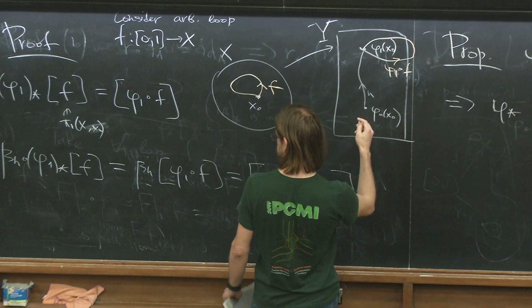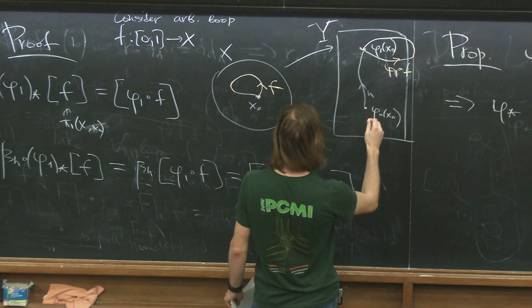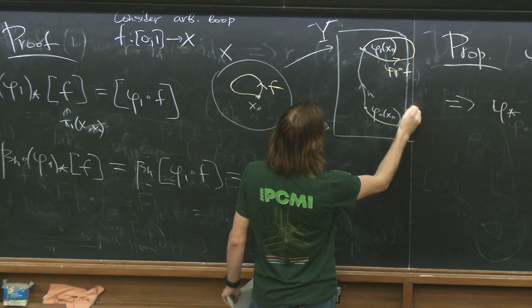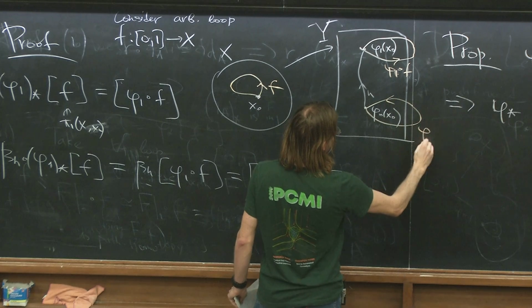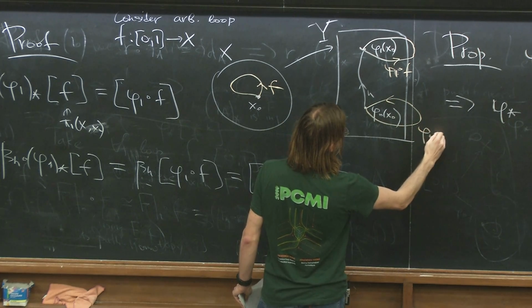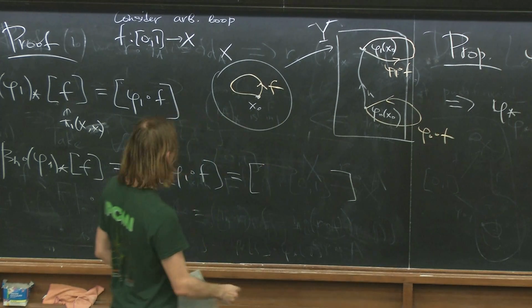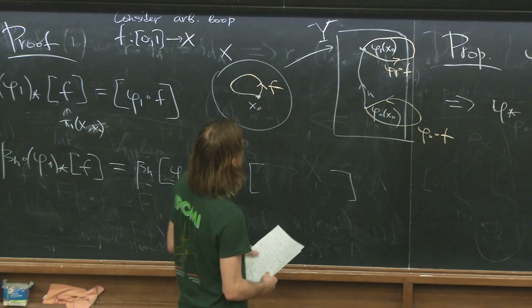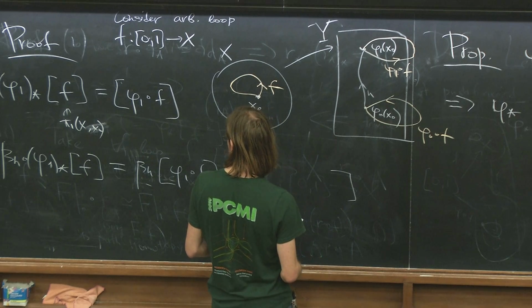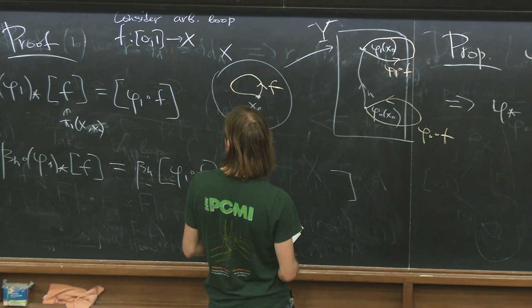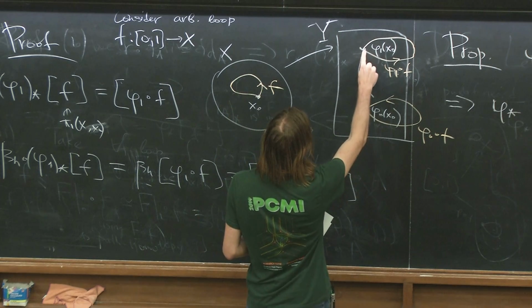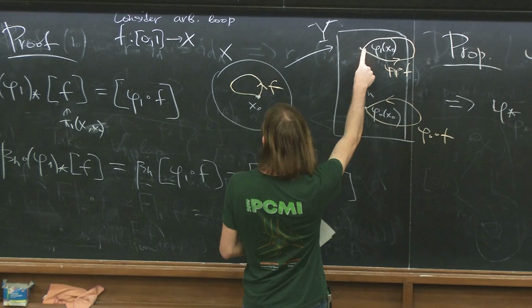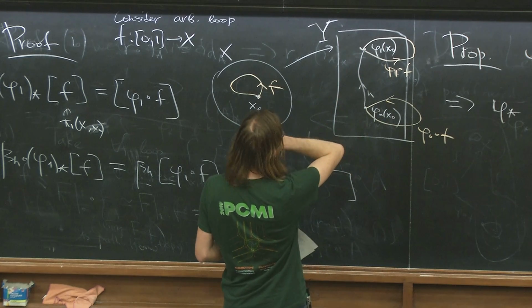So we have our phi0 composed with F, and we want to get a loop at this base point.